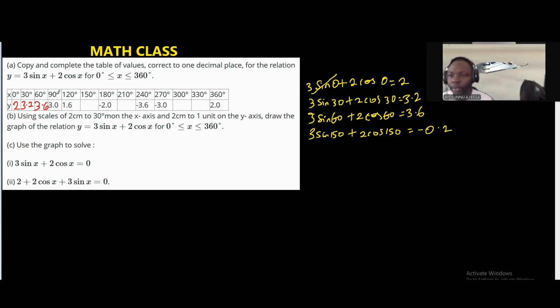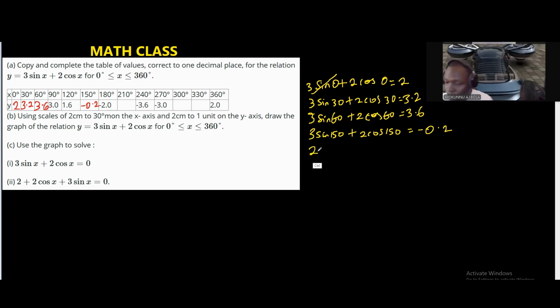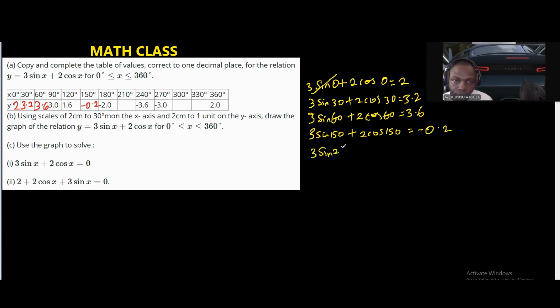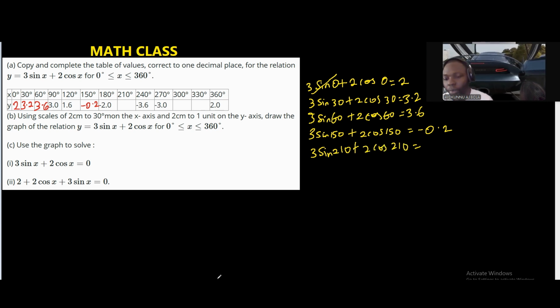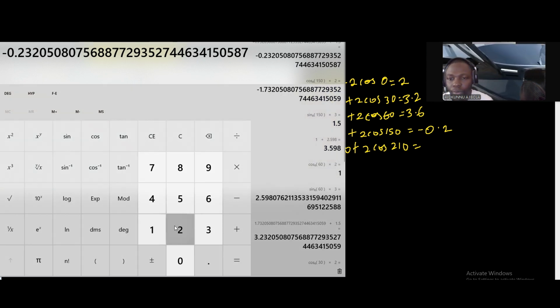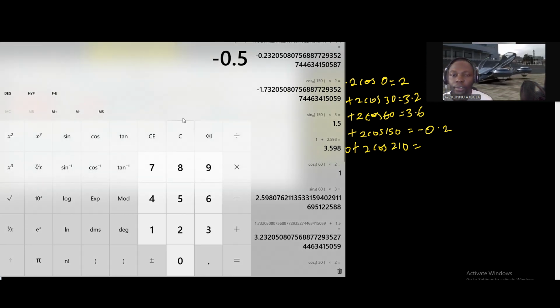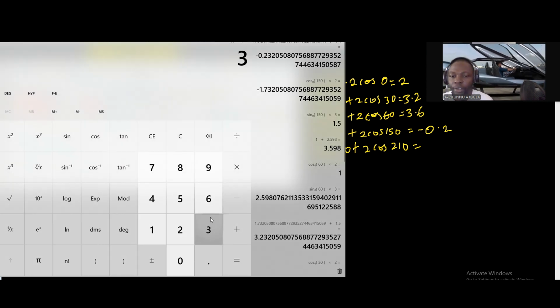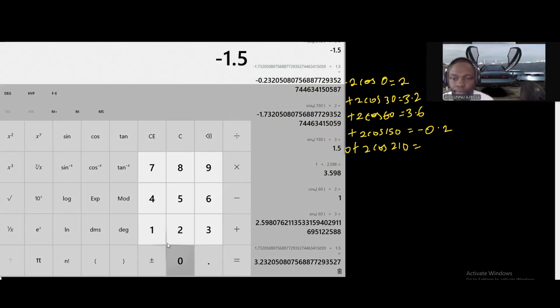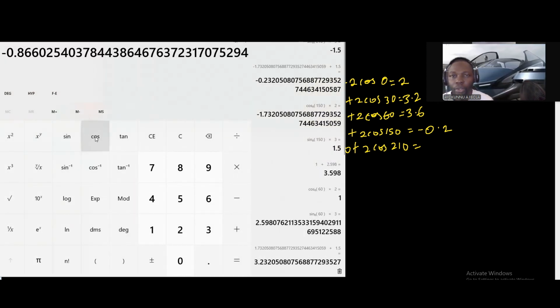So we can have it here as negative 0.2. So 180 has been done. Now it remains for us to do 210. So 3 sine 210 plus 2 cos 210. So use the calculator again. Sine 210 is minus 0.5 times 3. That's going to be minus 1.5. Then cos 210 is also negative, okay?